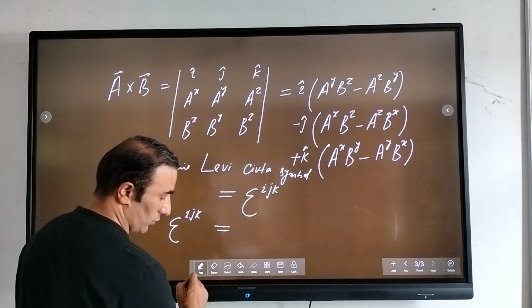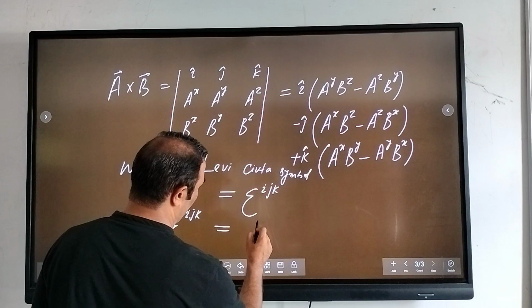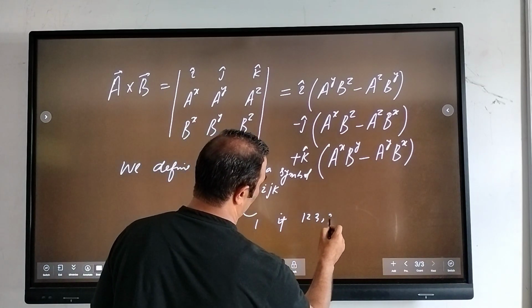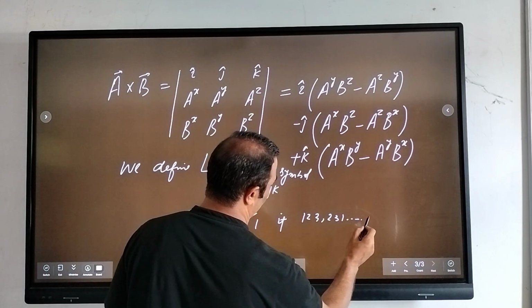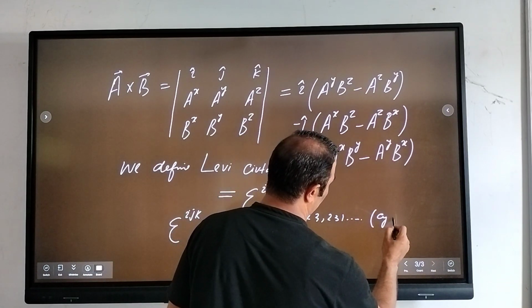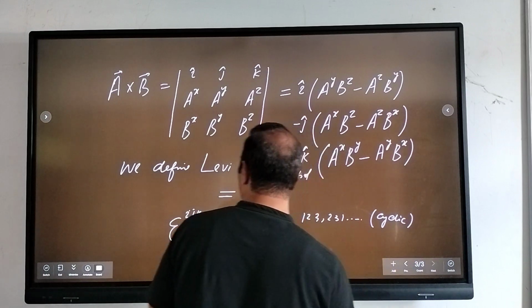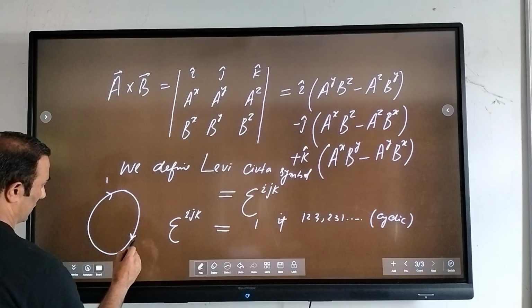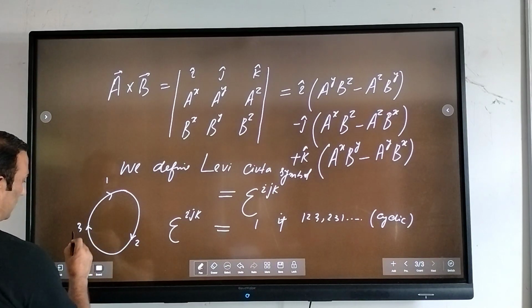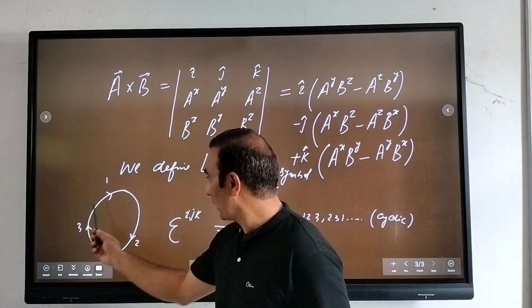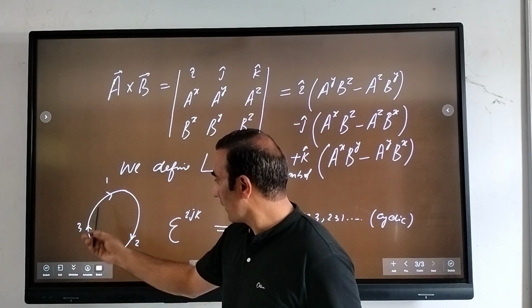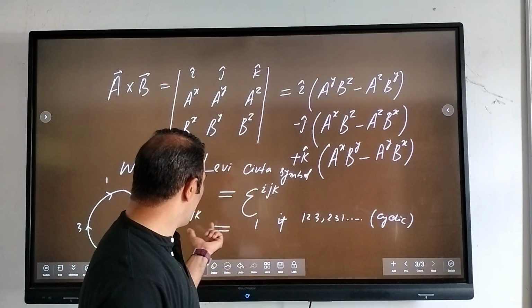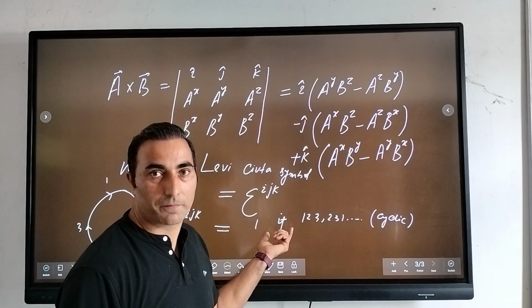So this is equal to 1 if we have 1, 2, 3, or 2, 3, 1, that means if we have cyclic order. So if it follows cyclic order, that means 1, 2, 3 and 2, 3, 1 and 3, 1, 2, then our epsilon ijk is equal to 1, right?